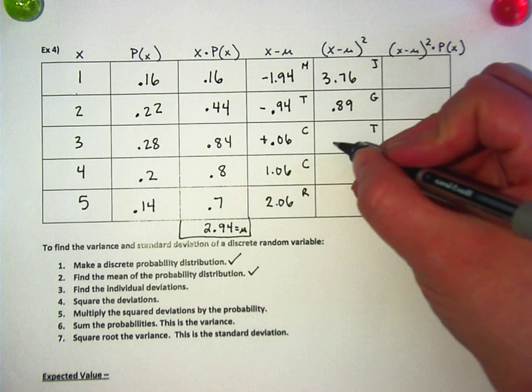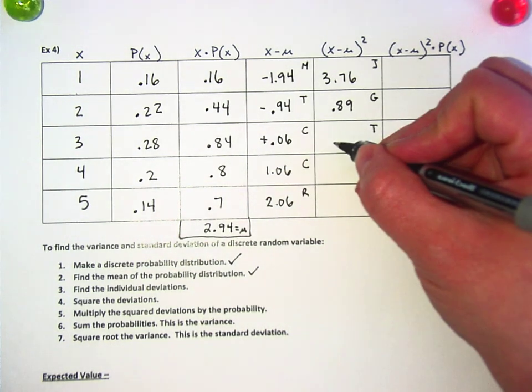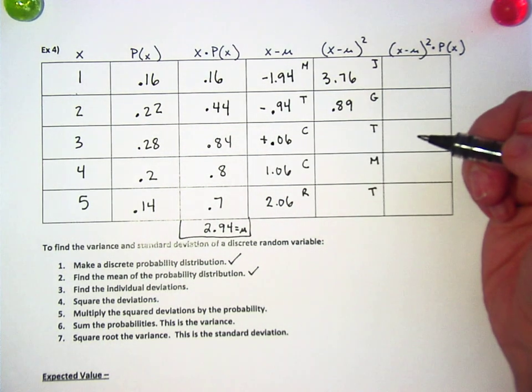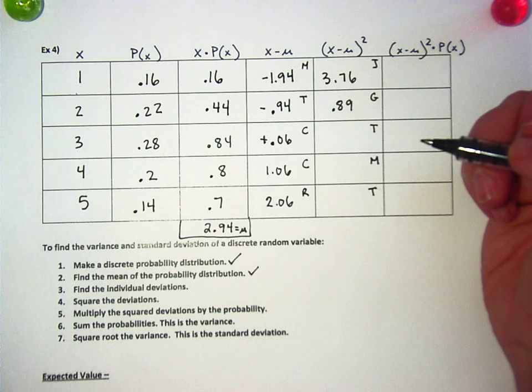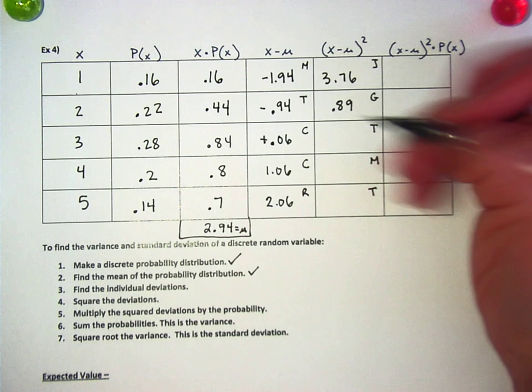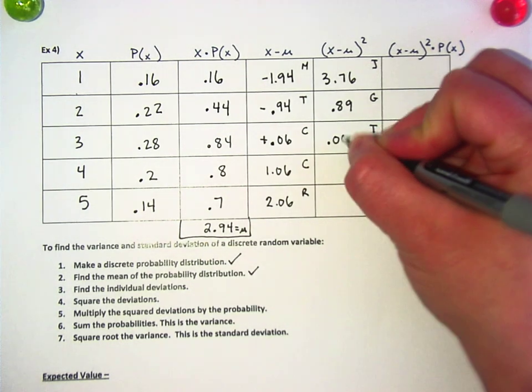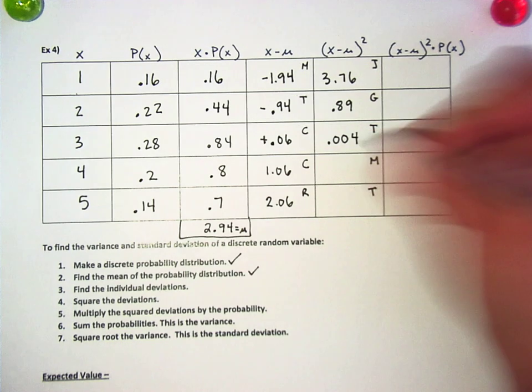Tegan? Triton? And I think I did mine wrong. Did you do 0.06 squared? It should be 0.0036. That's right. I'm gonna write 0.004.